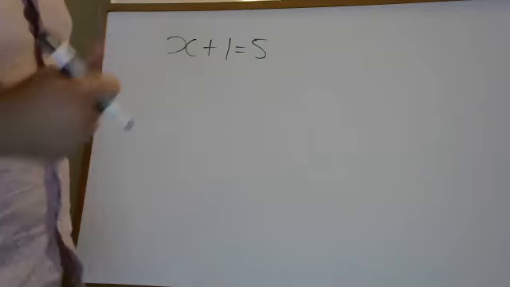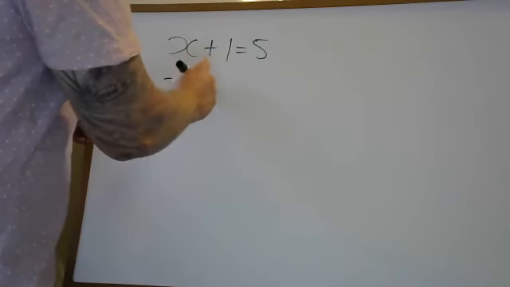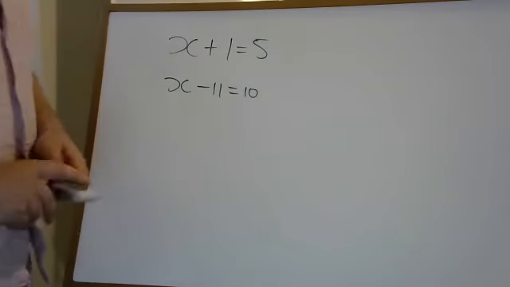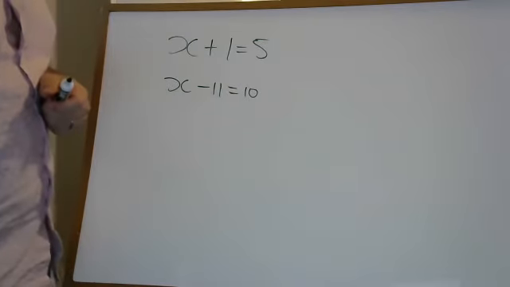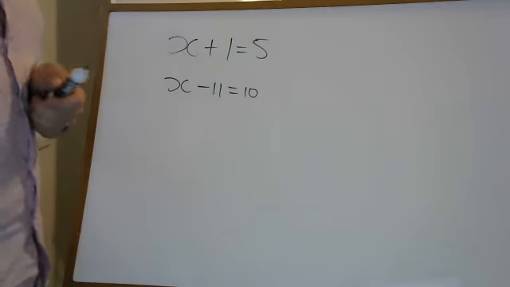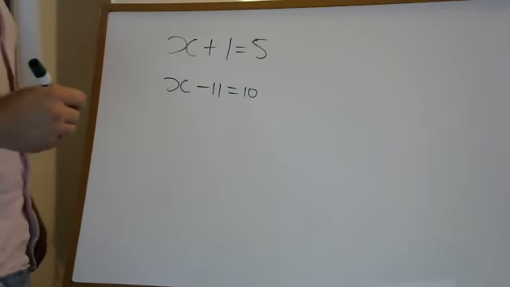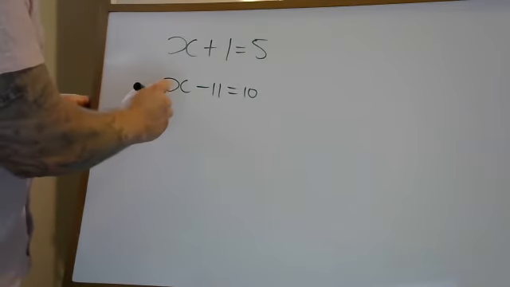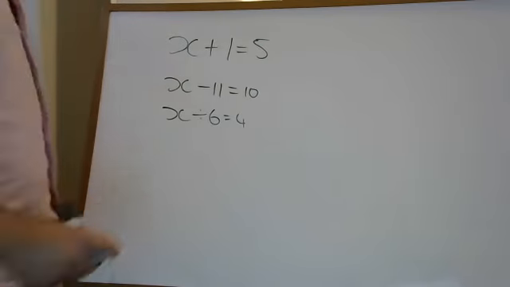So the value of x is 4. X minus 11 equals 10. What's the value of x? x divided by 6 equals 4.